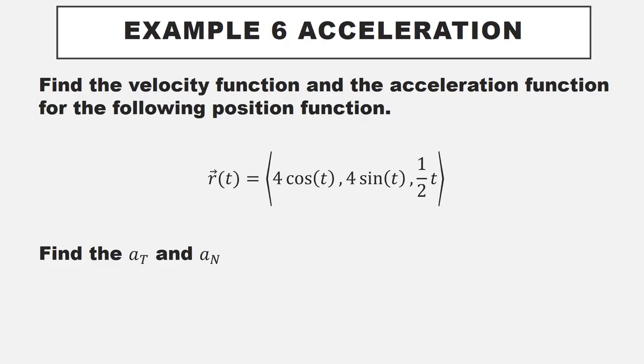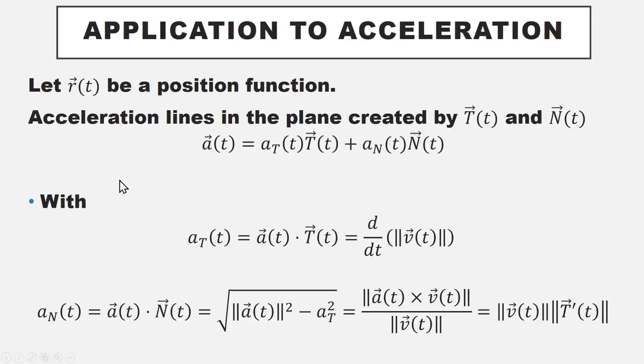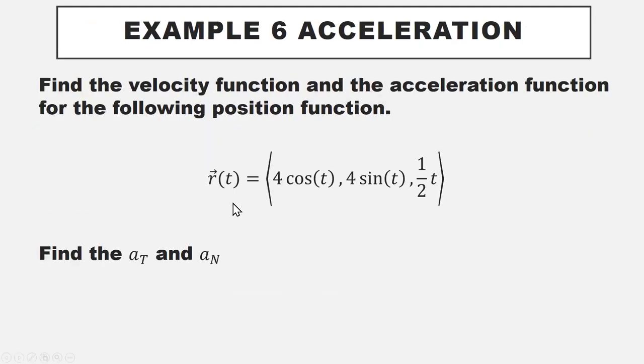So it turns out on this one, what's going to be the easiest is probably doing dot products. When I calculate the a sub t and a sub n, it may be easiest to do dot products. So let's check it out.